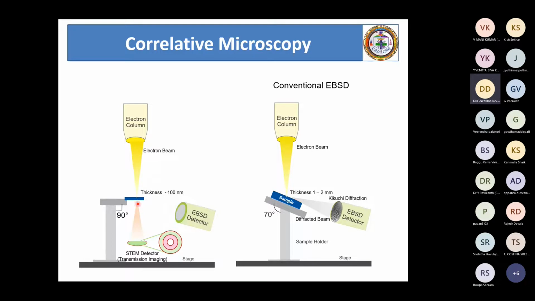The most strongly diffracted signals are again collected by this backscatter detector, which is therefore called transmission Kikuchi diffraction. That means anything that is passing through the lower part of the sample, subjecting the incoming beam to diffraction, is being collected here. So we can now get the transmission Kikuchi diffraction together with bright field and dark field imaging, all happening on the same analysis volume, which is therefore called correlative microscopy.